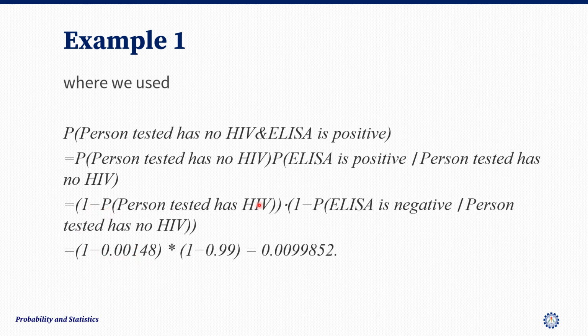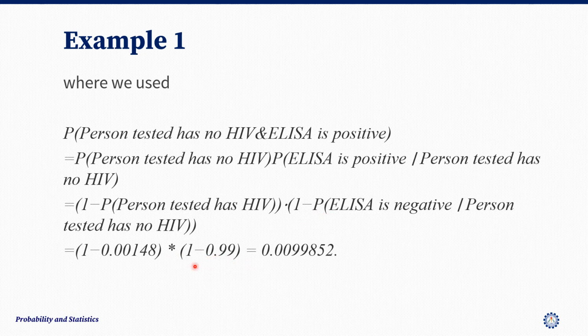0.00148. And the probability of ELISA is positive given that the person tested has no HIV is 1 minus the probability of ELISA is negative given that the person tested has no HIV. Since we already know this probability, we can deduct that from 1, so 1 minus 0.99.